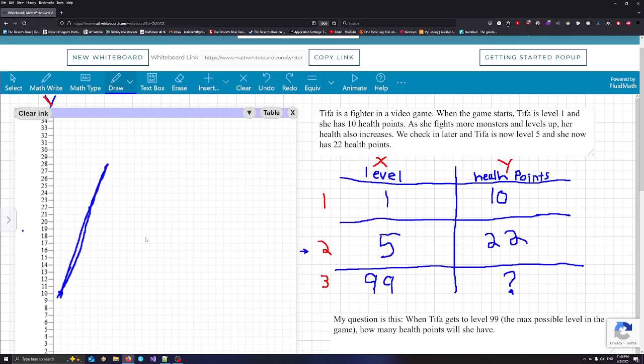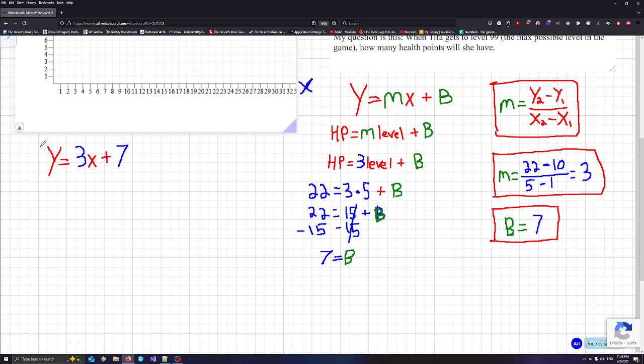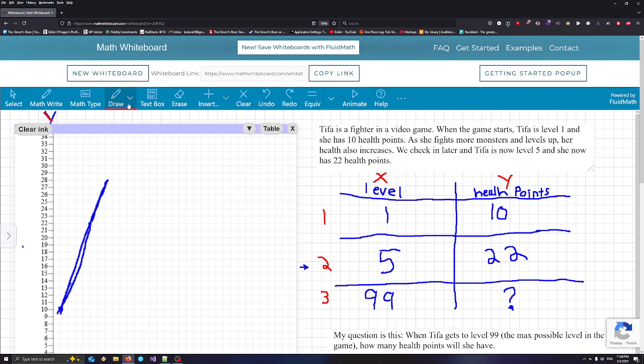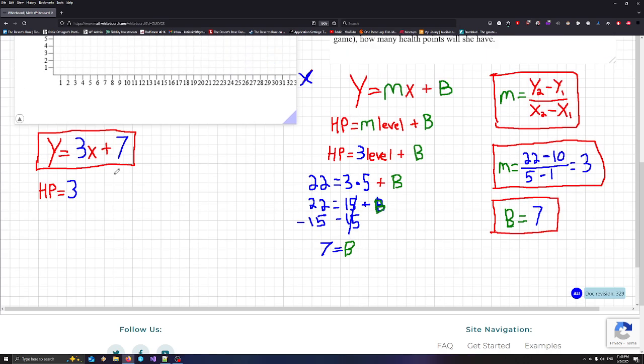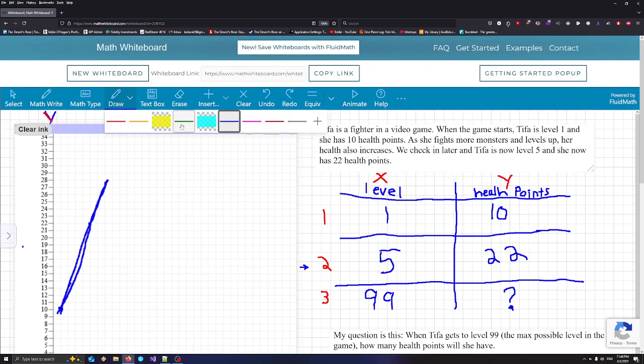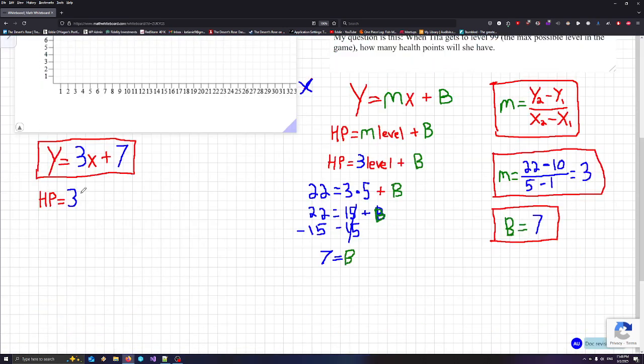And that's our final equation. Or another way we can write it is health points is equal to the slope, 3, times x, which is the level, plus 7.